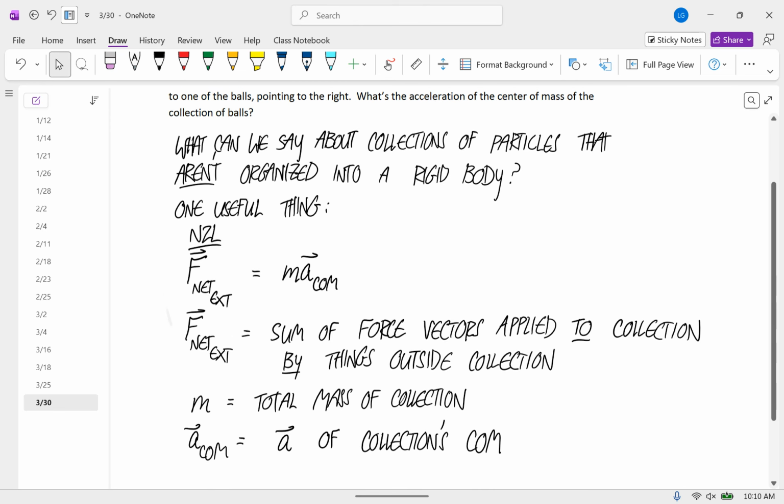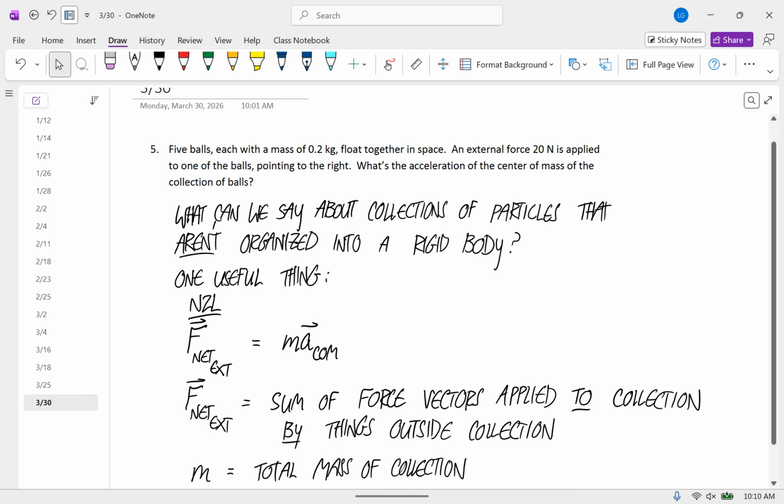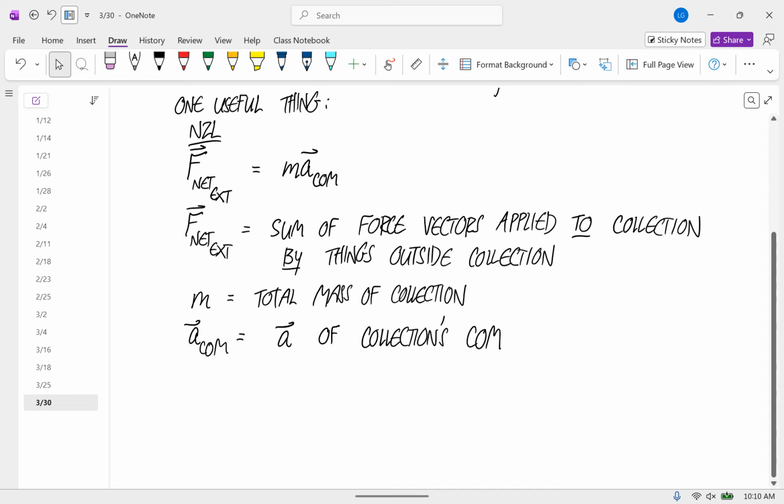Okay, so let's apply this to this problem. We have 5 balls, each one has a mass of 0.2 kilograms. They're floating in space. An external load of 20 newtons is applied to one of the balls, and that 20 newtons is pointing to the right.